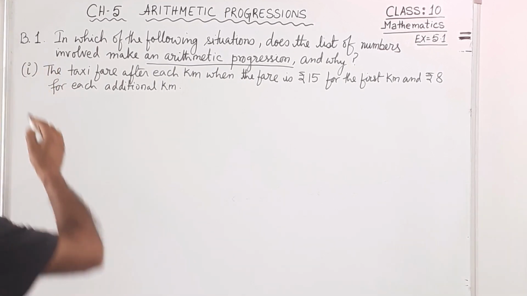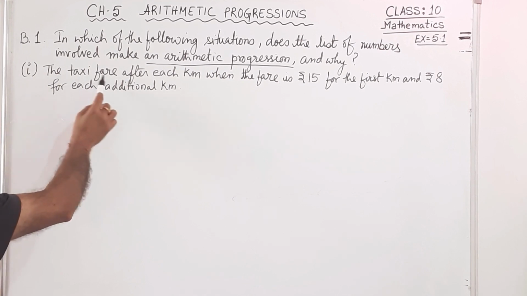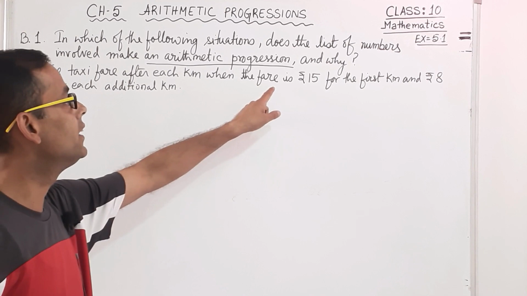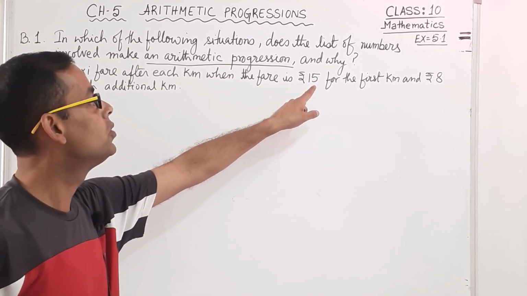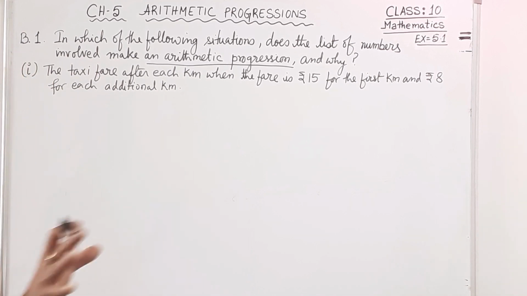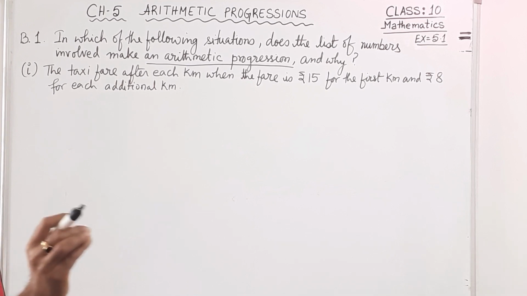So first sum, Roman 1: the taxi fare after each kilometer when the fare is rupees 15 for the first kilometer. That means you are sitting in a taxi, so how much will you pay?